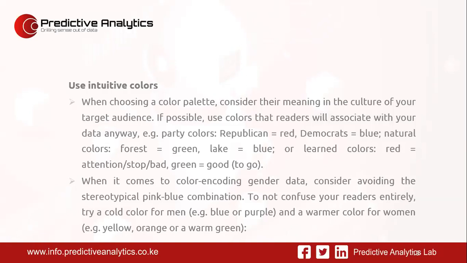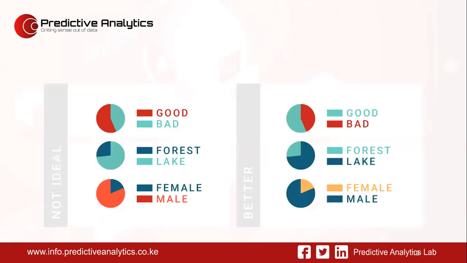I remember when I was doing a visual for Nation Media on alcohol use, I used blue for men and light yellow for women, just to avoid a stereotype. But it doesn't mean that you can't still use pink and blue, but try to avoid it as much as possible.